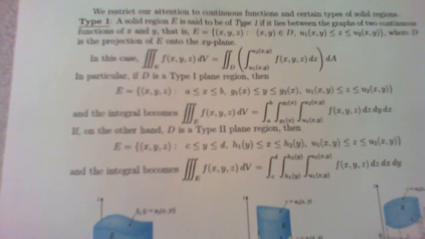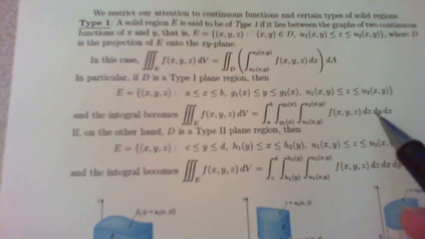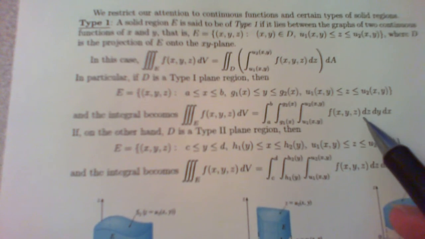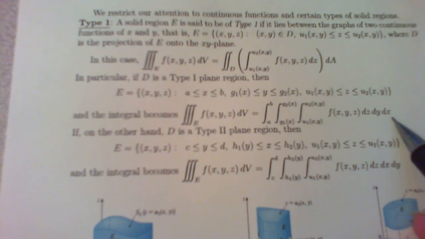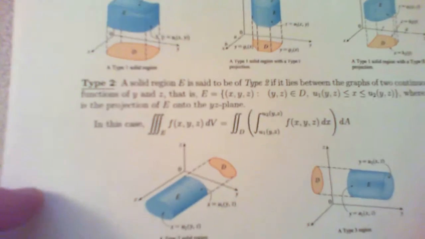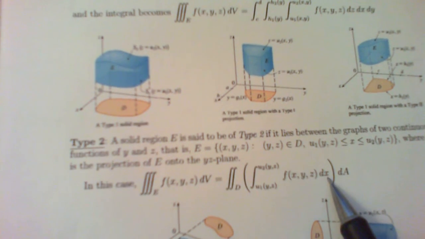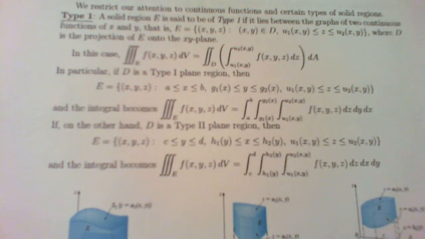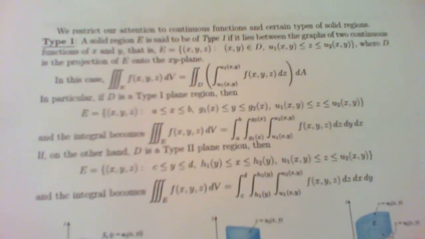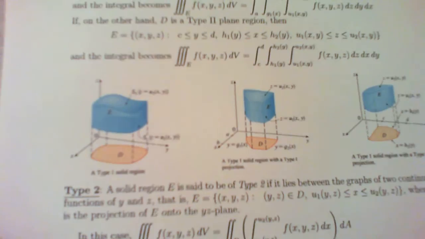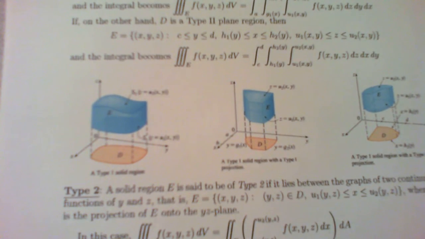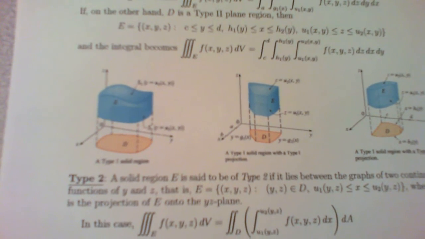Big picture, all it's talking about is how these orders would be different, like whether it's going to be dz, dy, dx, or situations where dx comes first. All this is talking about is different ways you enter into the function to set up the limits of integration, and that's what the whole game is going to be about.